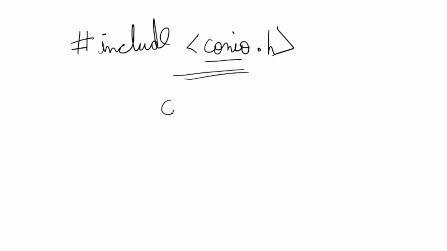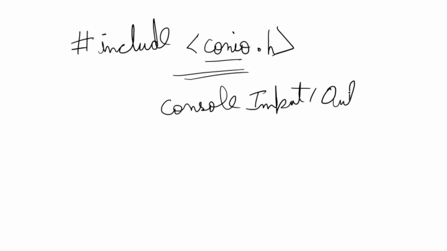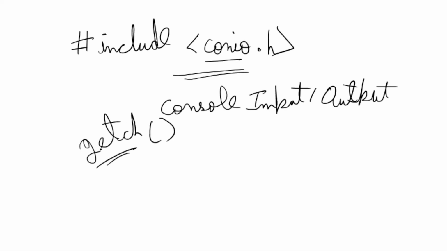And the getch function, which we define later, I'll show you how this getch function works. This getch function is defined in this conio file. This is your second one.